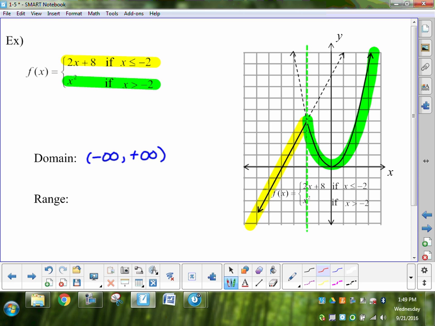Take a good look at what's there. The range is the y values that we use. So Lily, what would you say that your range is going to be? Terrific. All available y's are used. All available x's are used.